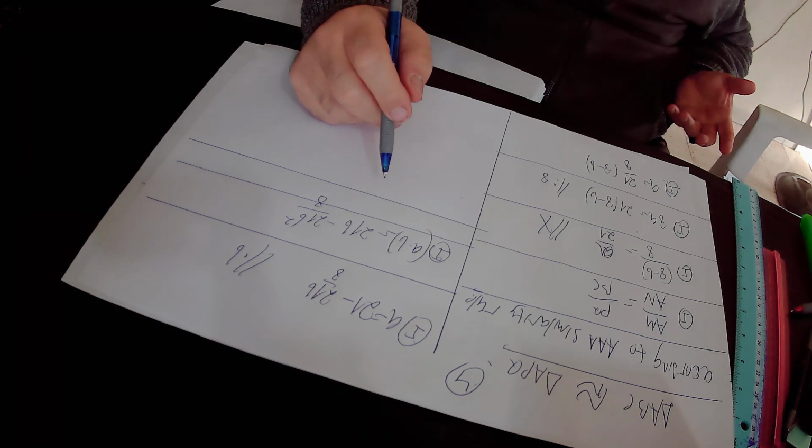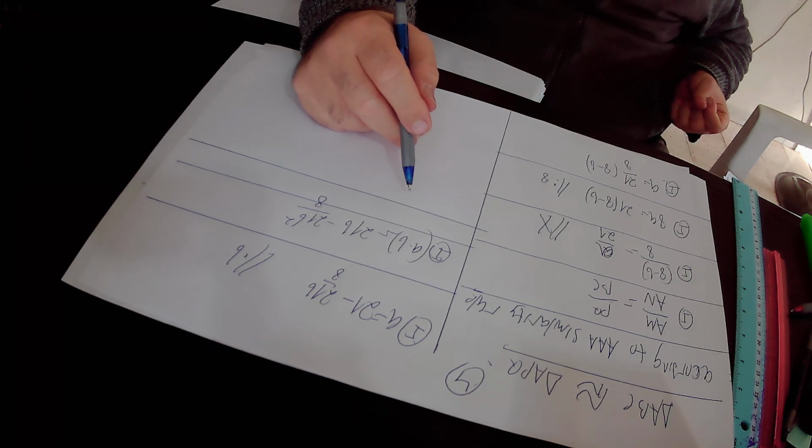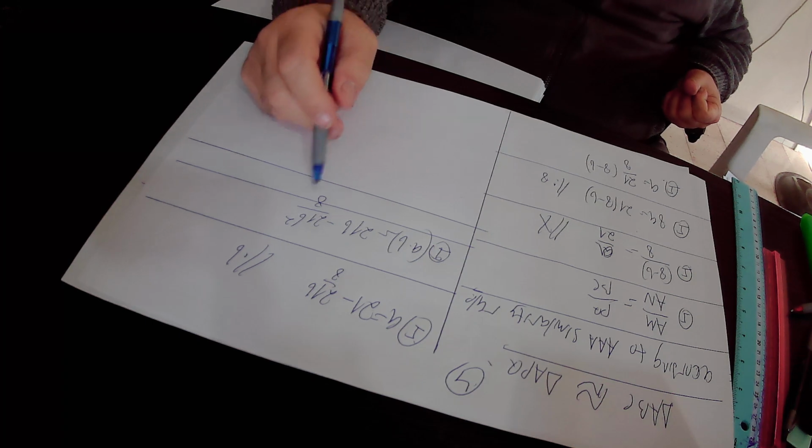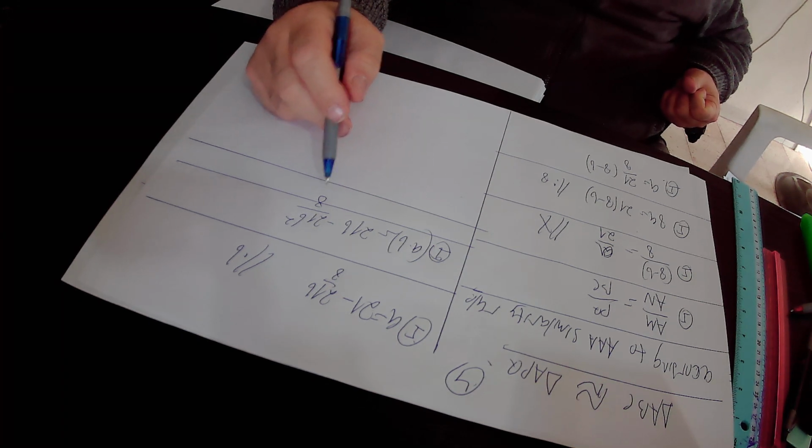So, according to equation 1, the area of rectangle PQST equals 21B minus 21B squared over 8.